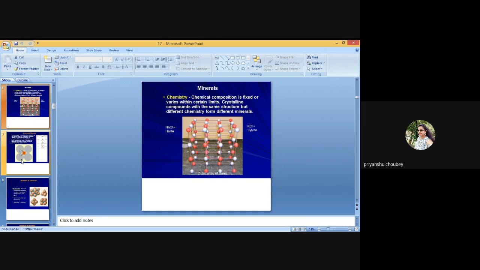This symmetry of the crystal in external appearance is the result of a regular internal arrangement of its constituents. Four elements, namely center, plane, axis, and composite symmetry, are used in describing a crystal.